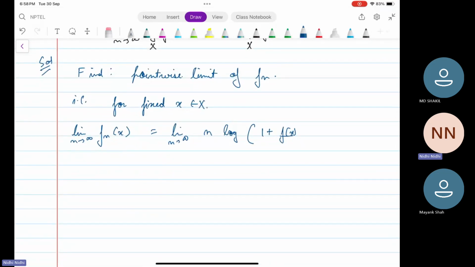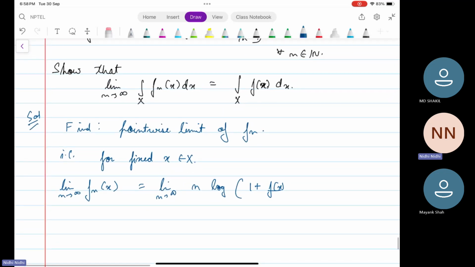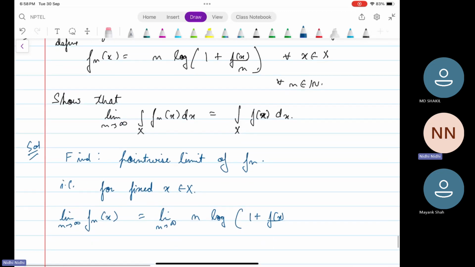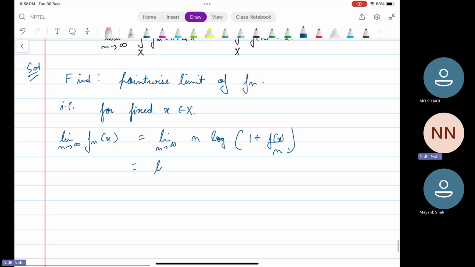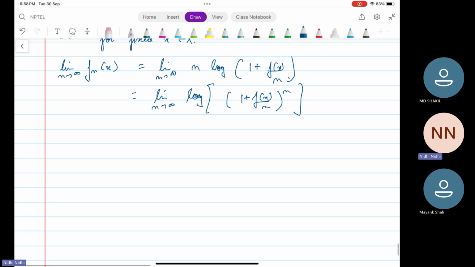This is 1 plus f(x) by n. Now, by a property of log functions, this is the limit as n tends to infinity of log of (1 + f(x)/n) to the power n. And since the log function is continuous, we can take this limit inside.